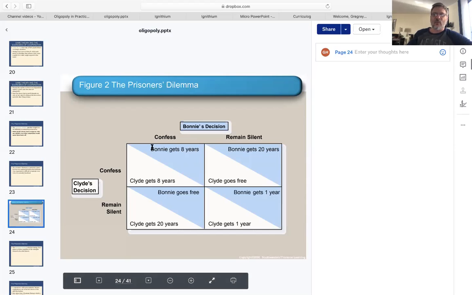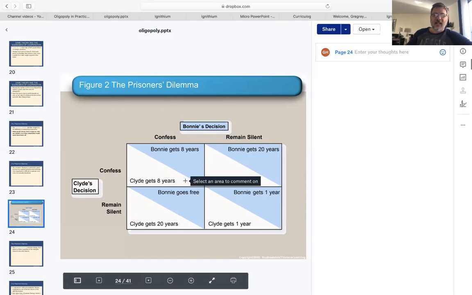And the way that we normally do this is we'll give the payoff to the column player, the one that's on top in the upper right hand corner, and the payoff that goes to the row player in the lower left hand corner. And here they're color coded, so it's really easy to see who's getting what. Bonnie's blue and Clyde's the, I don't know what color that is, cream or white.